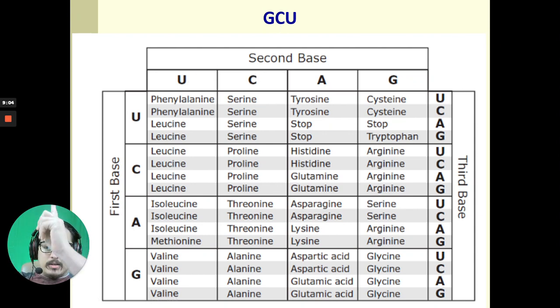Where they cross, they meet here at the bottom: G, C. And then you go to the third letter, third base is U. So you go into this box and you look at the first one, the very top one. The answer is alanine.